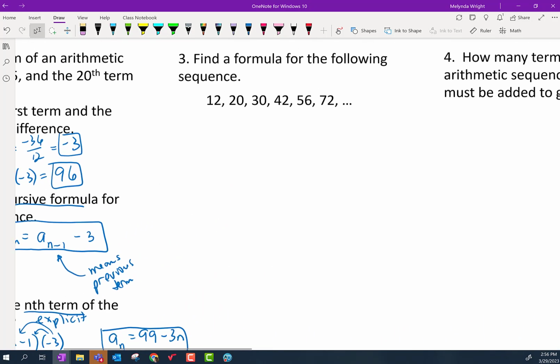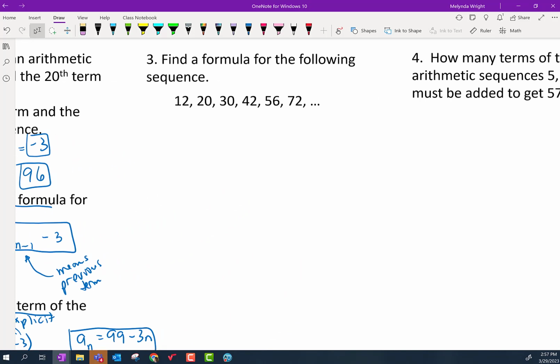Okay, so let's do this next one. Find a formula for the following sequence. Let's see, I'm glad this popped up. When I was doing the notes previously, I actually changed this problem. So what I want you to do is change this problem for me. Just on your OneNote, go in and change it.